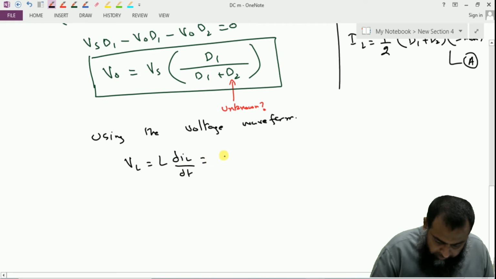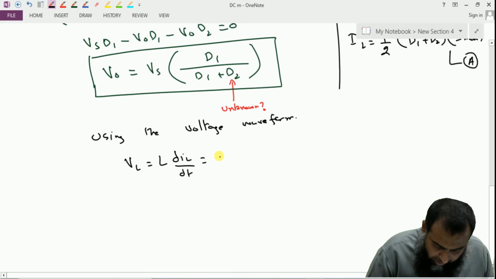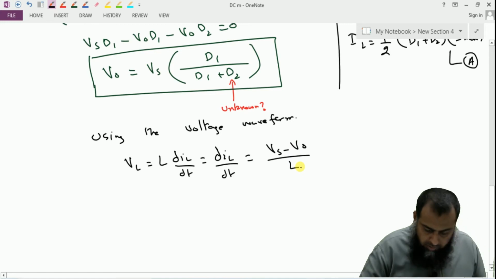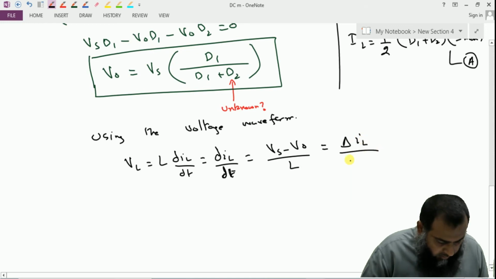So during the time when the switch is turned on, we have dI_L over dt equal to (Vs minus V naught) over L, and that dI_L over dt, or the slope of the current, is equal to delta I_L over delta t.